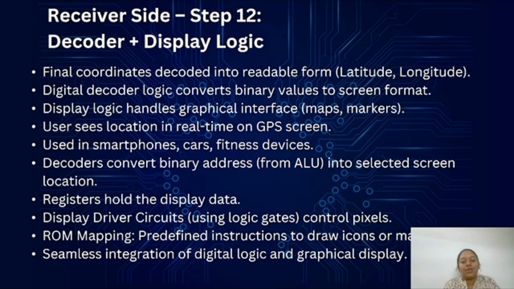The smooth and real-time location you see on your screen is the result of behind-the-scenes work of logic gates, display drivers, registers, ROM, and many digital logic circuits. In today's smartphones, cars, and all GPS systems, the same digital logic is used for real-time navigation.